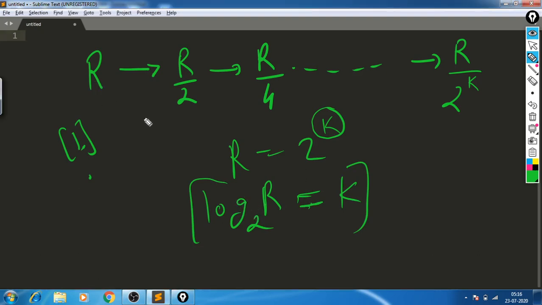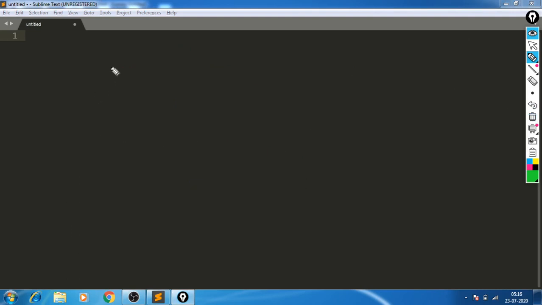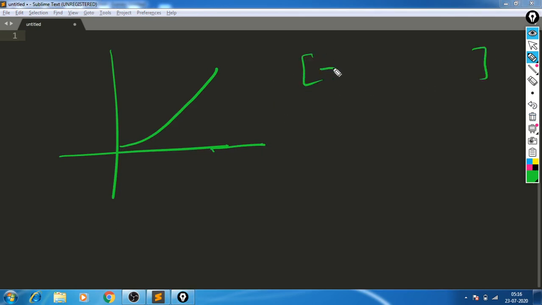Now let's relate this simple idea to some actual applicable problems. So we had this particular graph. Now given a sorted array, you can assume that if you plot this array with the index here and the value at the index here, for a sorted array it will always be an increasing graph, right?